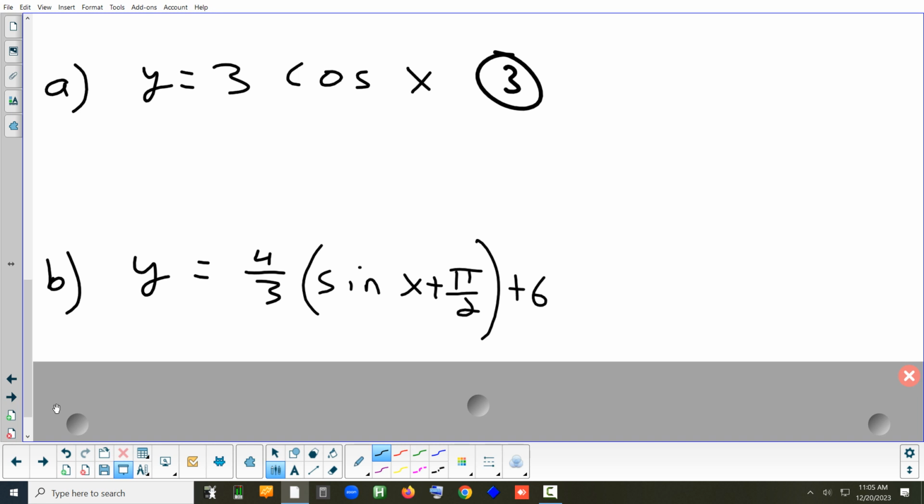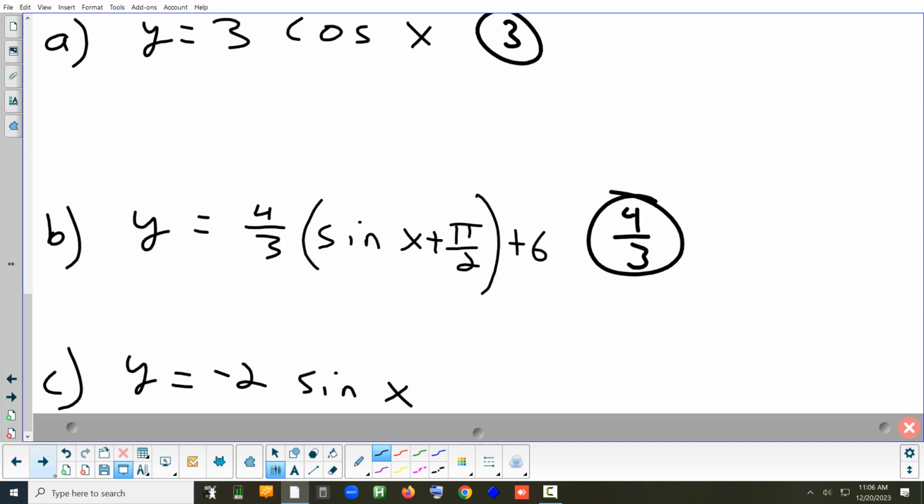What's the amplitude of that one? Yeah? 4/3. There's all kinds of other stuff happening, but shifting left and right and shifting up and down has nothing to do with changing the amplitude. Shifting up and down could change the range, but not the amplitude. Everyone understand the difference between the two?